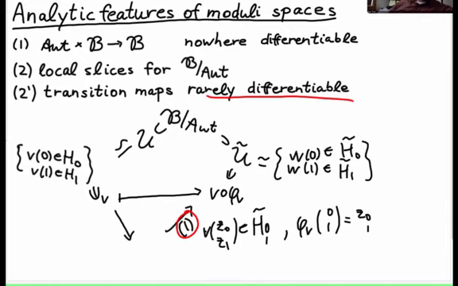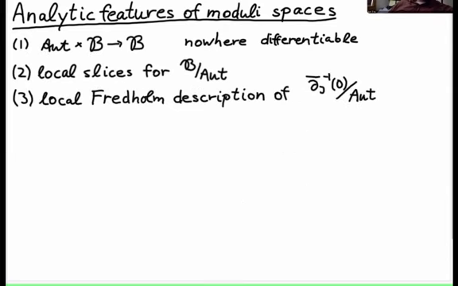Bad news, good news, not so good news. Better news. So we had a local slice, and we can now use this local slice to actually describe our moduli space locally as a Fredholm section, right?